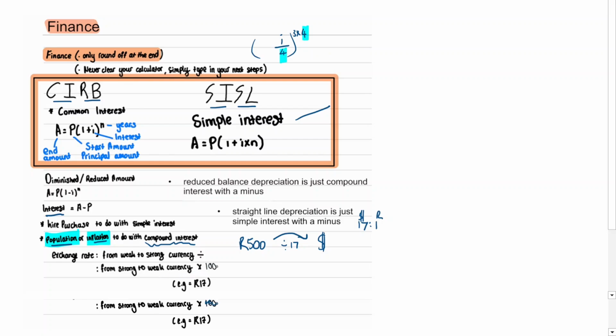The picture that I have there is of a bodybuilder who's carrying more times weights. Because he's stronger, you times to get into weak currency.